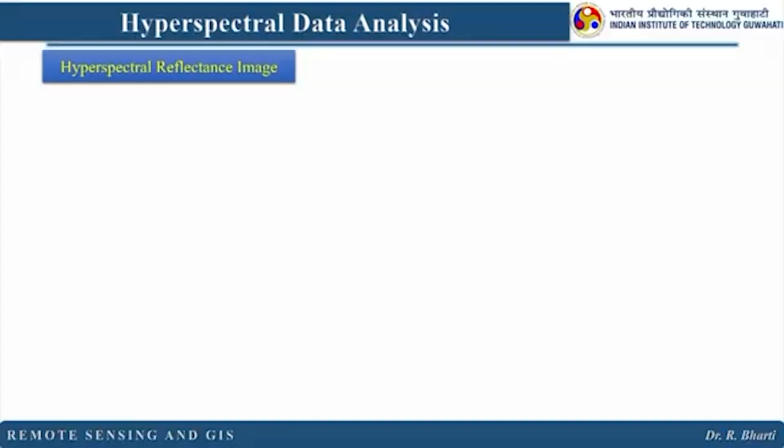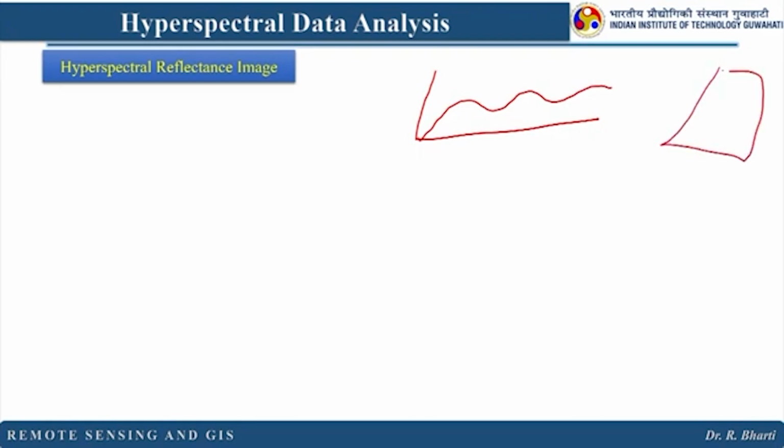So here the first one is the hyperspectral reflectance image. It can be a hyperspectral emissivity image, but here I am intentionally putting the reflectance image because from the space-borne satellite we are getting only reflectance images in hyperspectral remote sensing mode. So hope you remember this hyperspectral remote sensing data gives you the contiguous spectral response for each and every pixel.